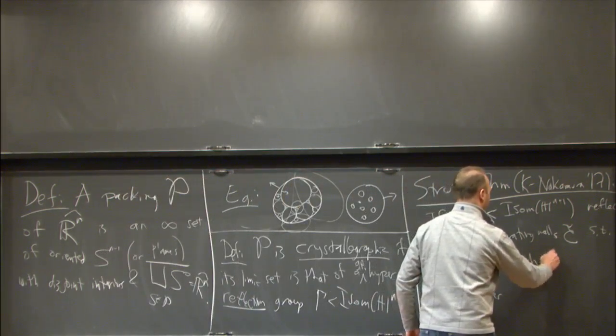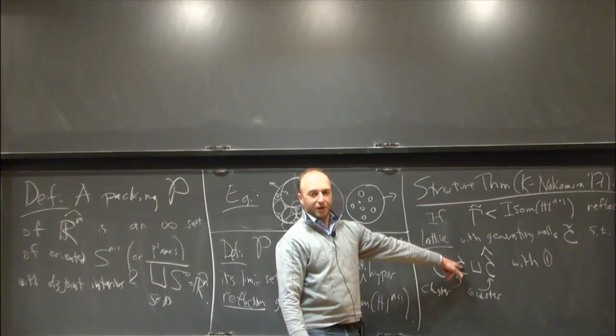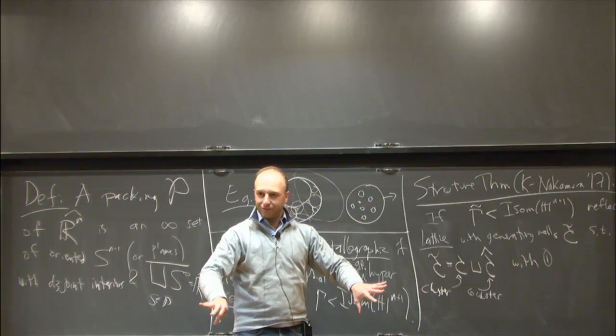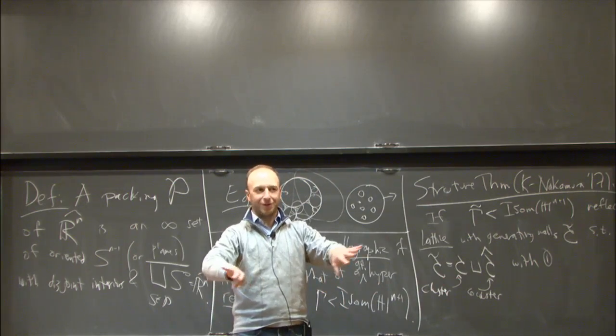Any pair of spheres in the cluster must be either disjoint or tangent, which is also that the interiors are disjoint.